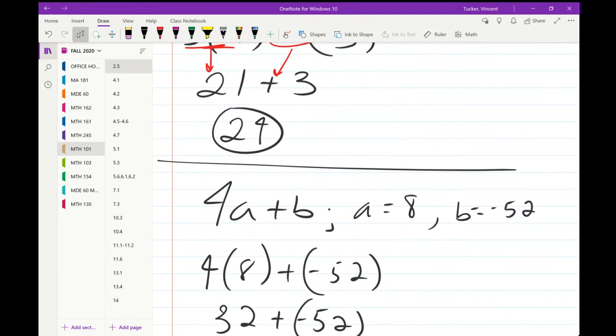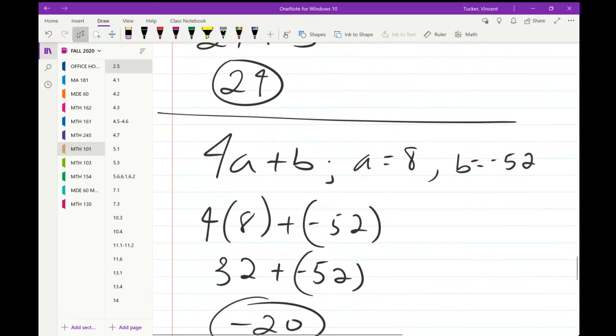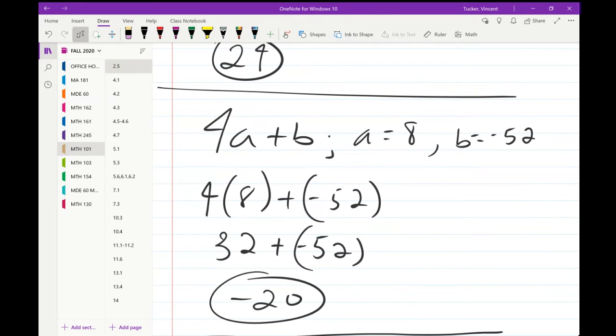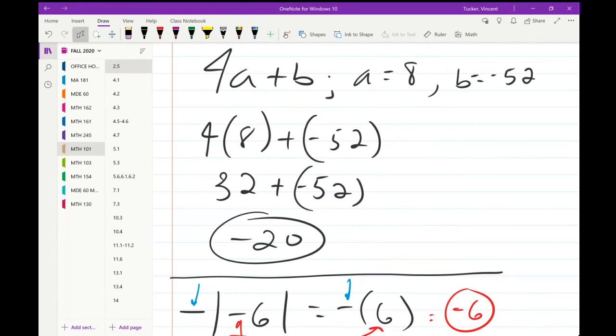That's 4 times 8, and then it's plus negative 52. 4 times 8 is 32. 32 plus negative 52 would be negative 20. All right. Any questions?